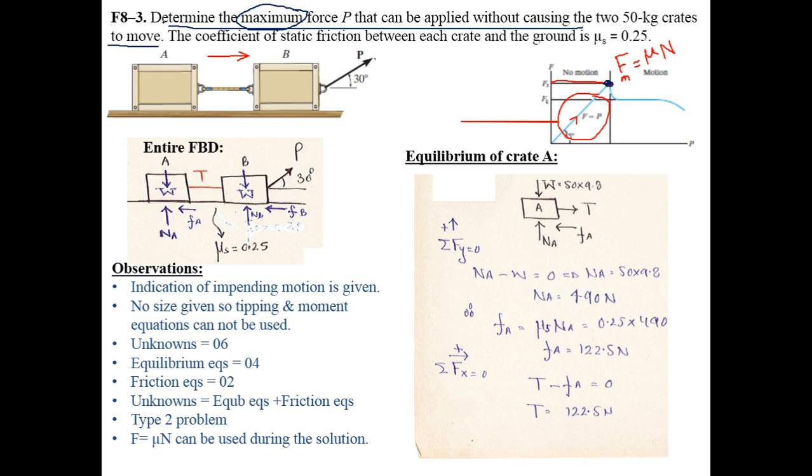So in other words, this was a little bit tricky question, but we revealed the fact that the impending motion state was actually defined. So friction problems can be tricky, and you have to read them very carefully and analyze your strategy one by one, how it can be solved. Then only you can reach the correct conclusion.